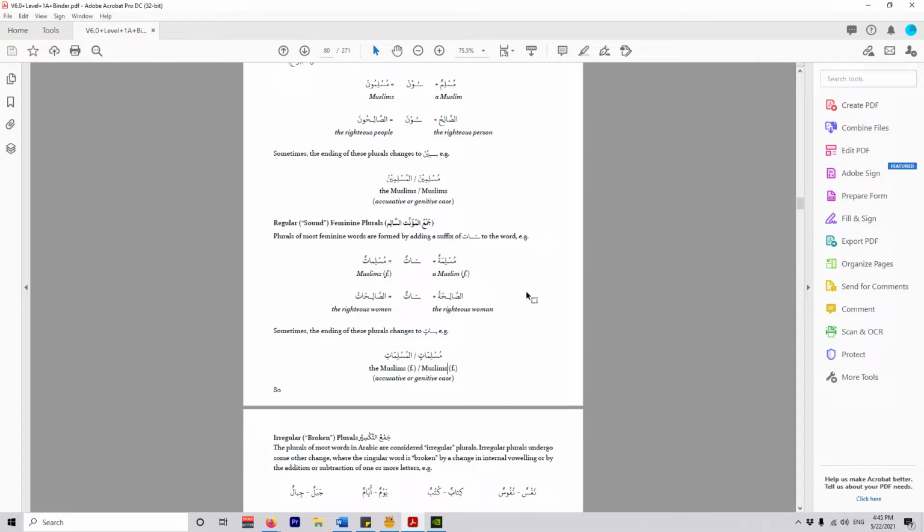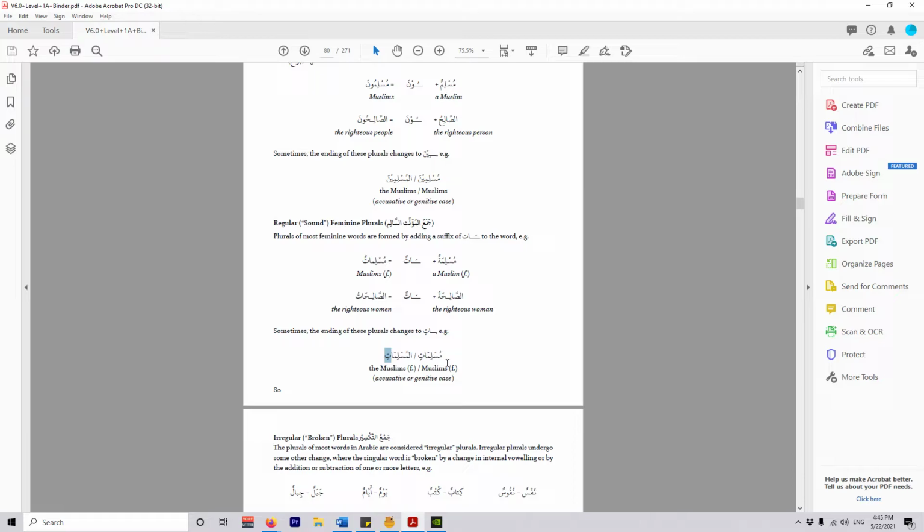You will never see muslimaten with the fathatain on the top. You don't see that with these sound feminine plurals here. It only will go in, like that. Muslimatin or al-muslimati. Okay? So it will never show up as al-muslimata or al-muslimatan.